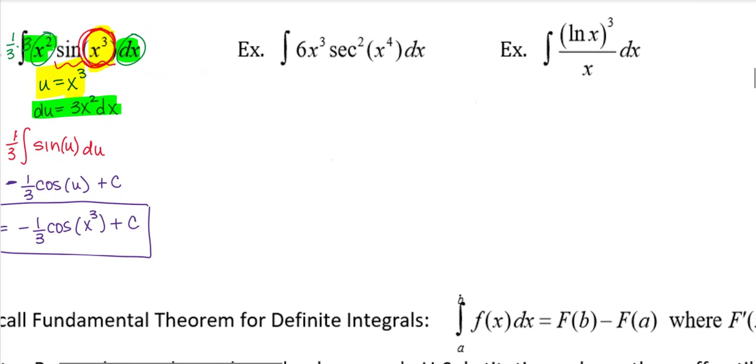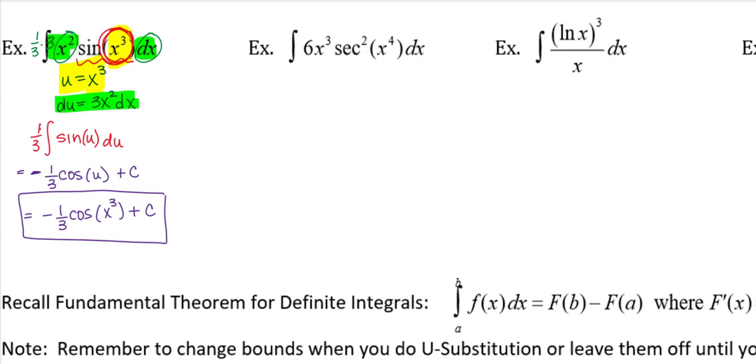So what I see when I look at this is some of you might see a product, like you have one factor of 6x cubed and another factor of secant squared of x to the 4th dx. Well, maybe the factors are there because when you did the derivative, you had to use chain rule. Because remember, anytime you use chain rule, you're multiplying by the derivative of what was inside of your function.